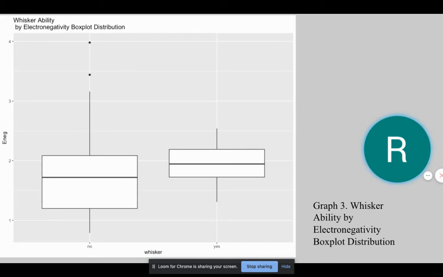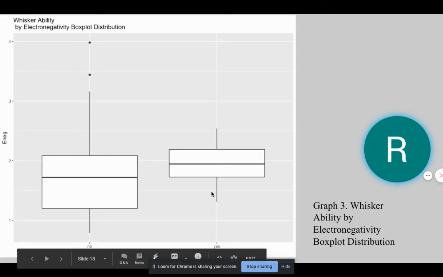And also, as before in the t-test, we showed there was a somewhat significant difference in the means. And this makes sense because the elements that whisker are metals, and so they're going to have a higher electronegativity. It's just something to remember about elements that whisker. They're electronegative.